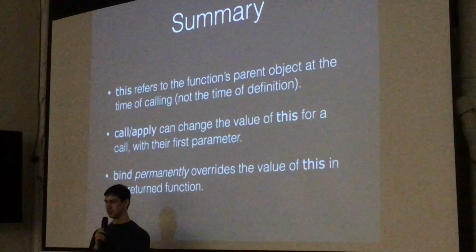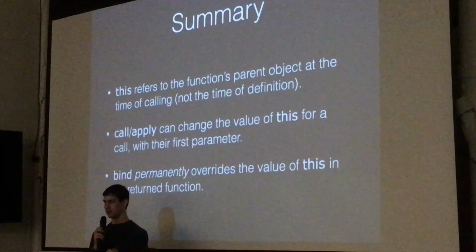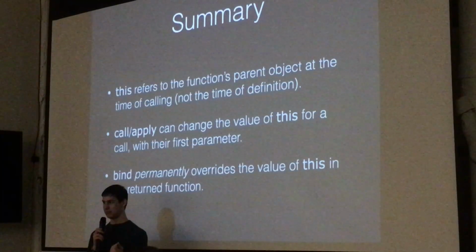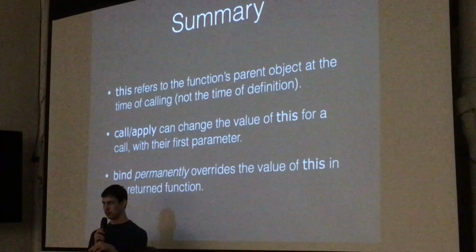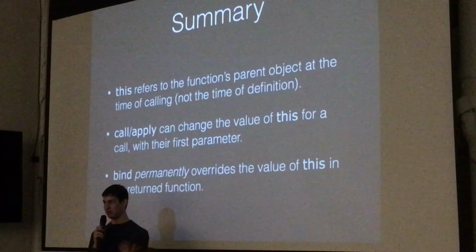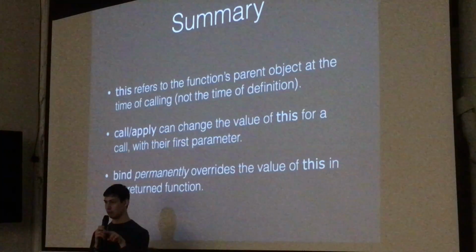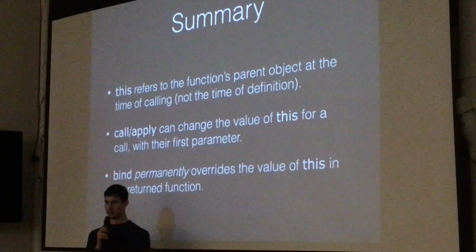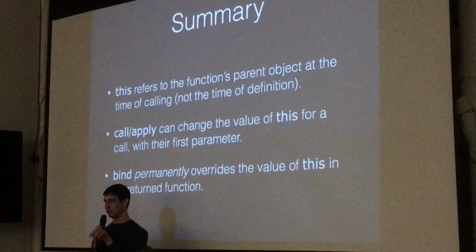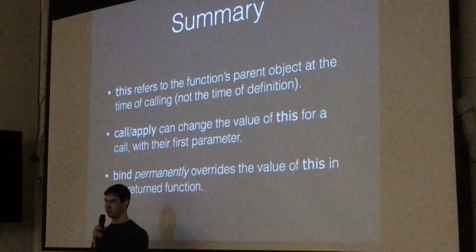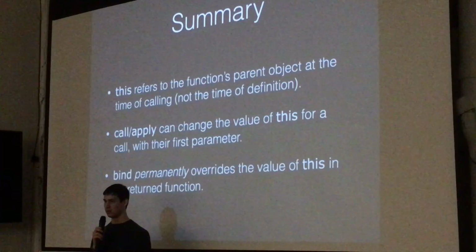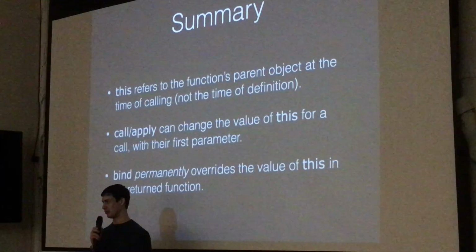So you're trying to assign the loaded data to this. Well, since you're writing this within a callback function, not within the original function definition, this won't refer to the object you're trying to assign it to. So if you use bind right after you write that function literal, you could put .bind and then the parent after it, and it would work. Although an alternative would be to just use the fat arrow.